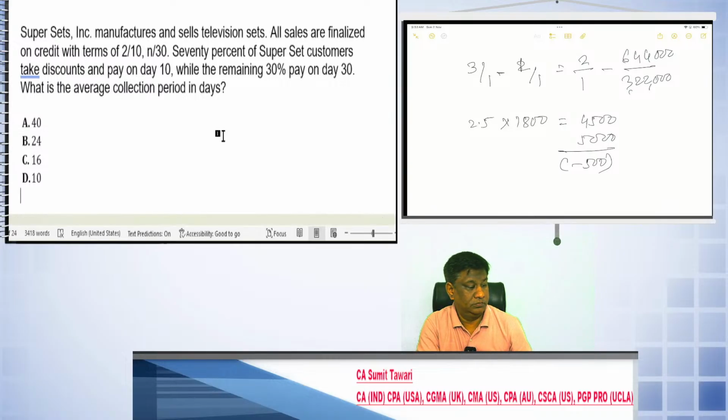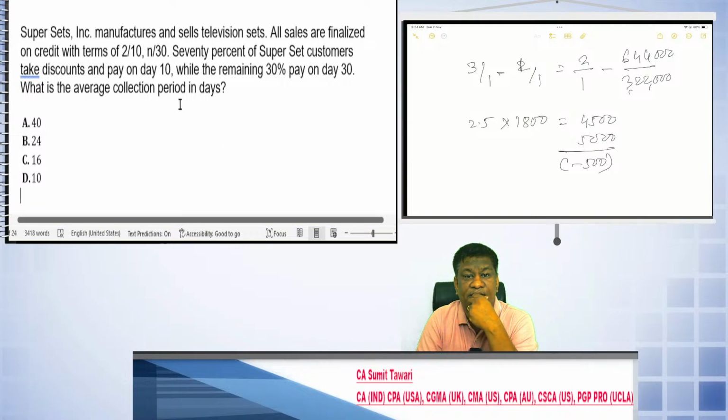So it is pay early into number of days plus pay late into number of days. Correct, like this. Sixteen, sir. 16. Yeah, pay on 10.